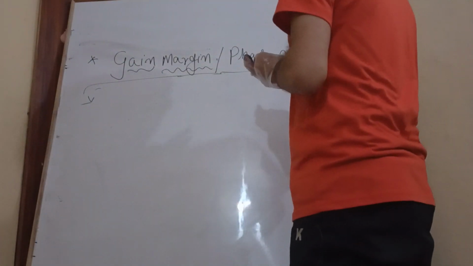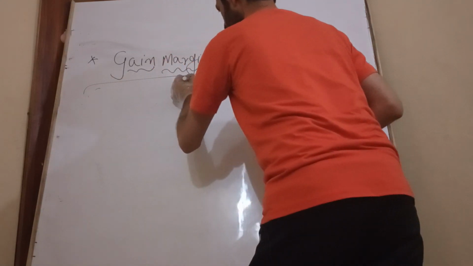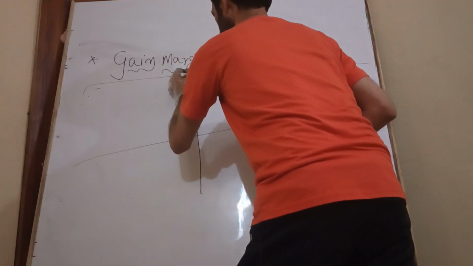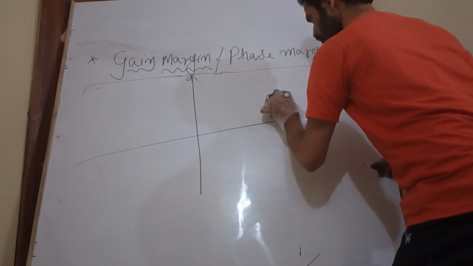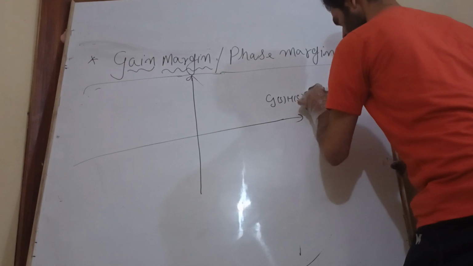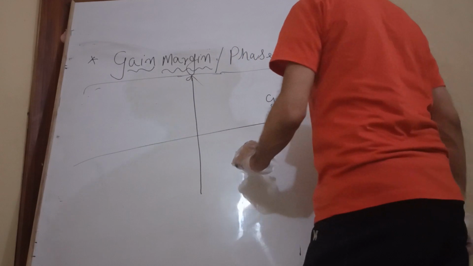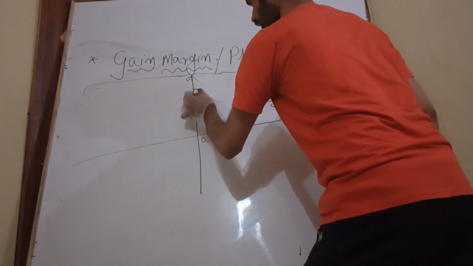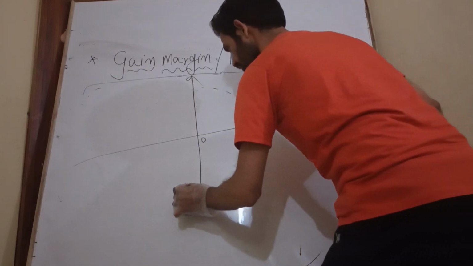Now see, this is very important here. Now we are going to draw the Nyquist plot. This is my G(s)H(s) plane. Now, this is my origin, and here I am drawing one unit circle.